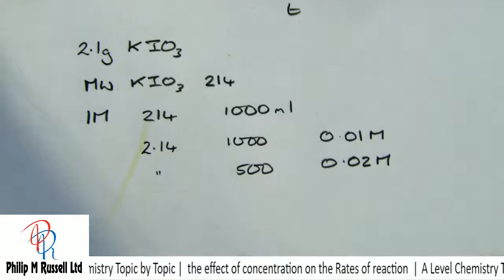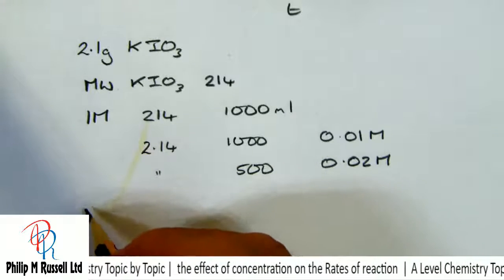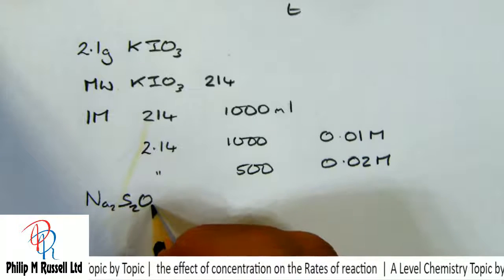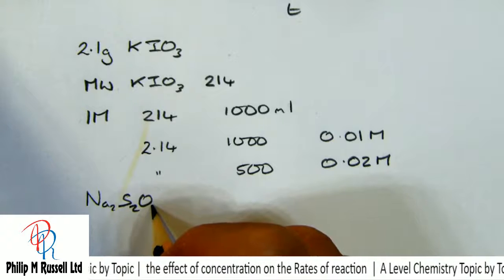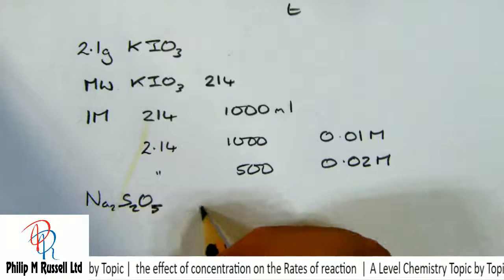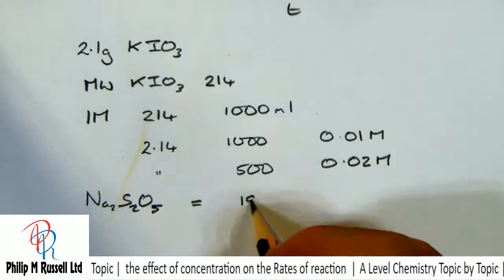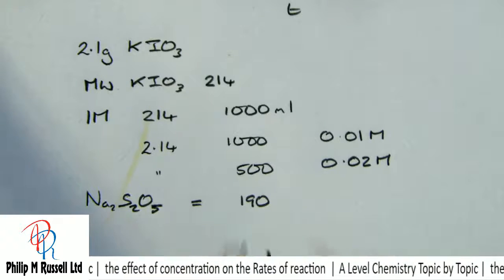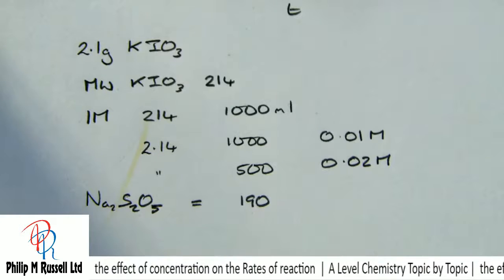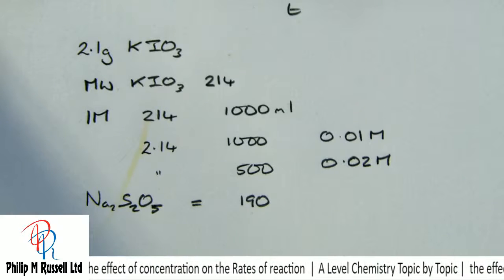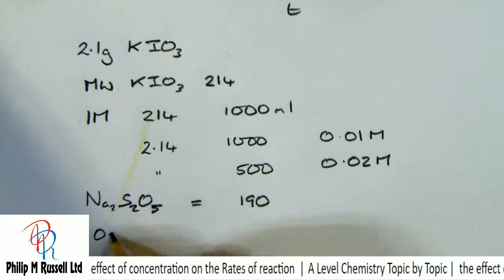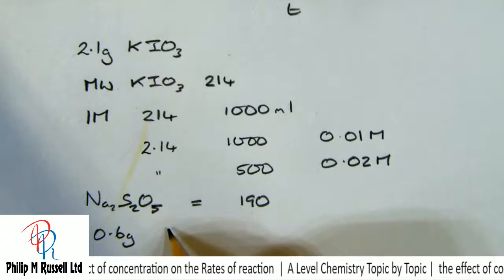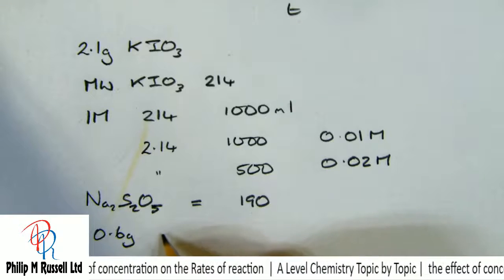If we look at the sodium metabisulphite, Na2S2O5, I think it's S2O5, then that has a molecular weight of 190, and so we can start working out how much I played around with this, and I actually used 0.6 grams of this in 500 mLs.